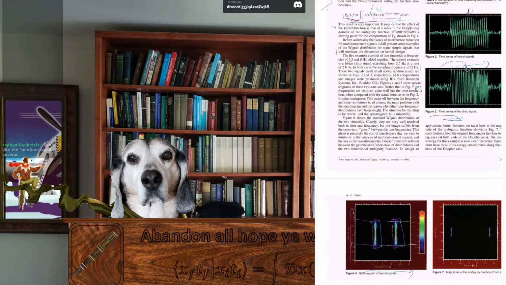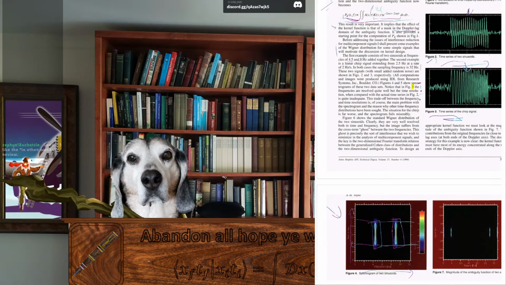I don't think this is figure 3, I think that's figure 4, because this is well resolved between here and here. So there's a little bit of shenanigans happening there.